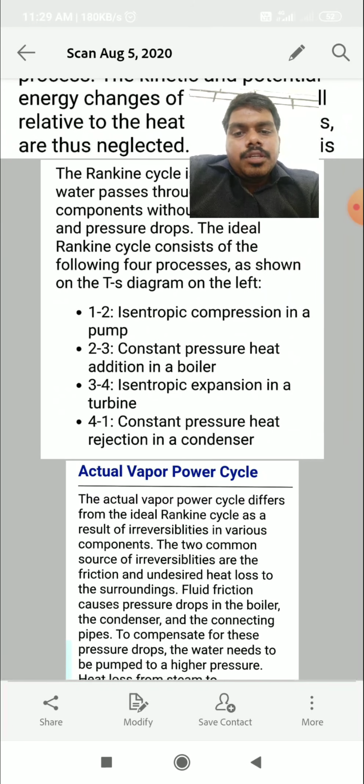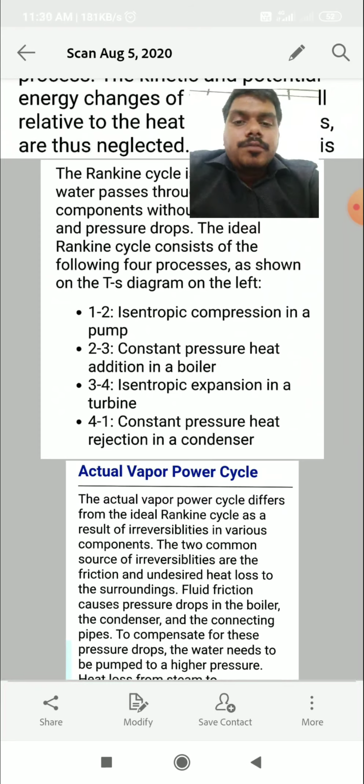First, isentropic compression in the pump. The pump will pump that compressed fluid. From 2 to 3, constant pressure heat addition in the boiler. The boiler will constantly heat that liquid at constant pressure.